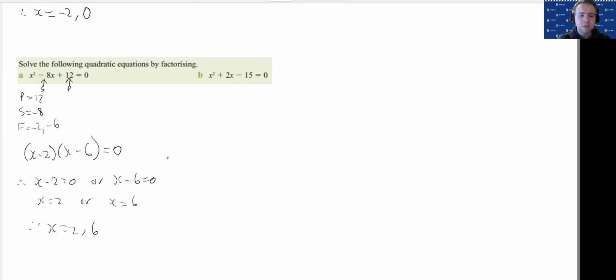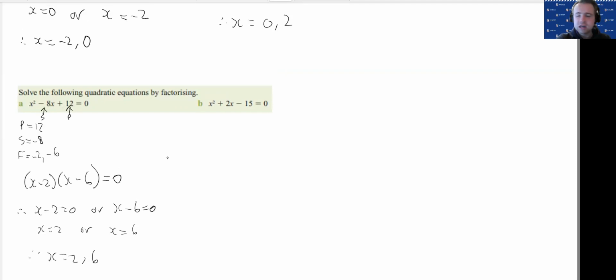Now, you might notice some interesting pattern here. We had x - 2 and x - 6 as our factors, and then the solution was +2 and +6. So yes, you can work out quickly that once you've got x - 2 here, the x is going to be the opposite sign to whatever the other term in the bracket is. So if it's x - 6, then the solution would be x = +6, the opposite sign.